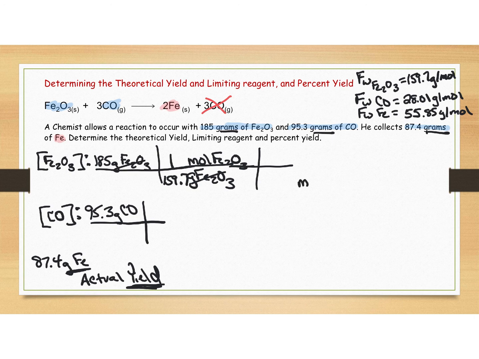I'm left with moles of Fe2O3 to moles of Fe. Where do I get these numbers? These are the mole ratios. So I have 2 moles of Fe to 1 mole of Fe2O3.